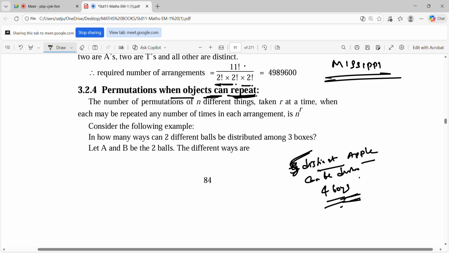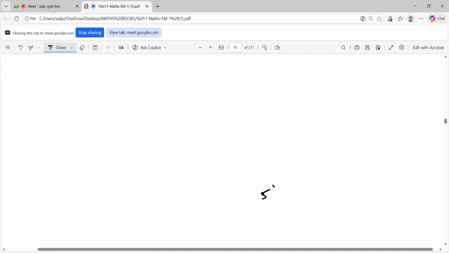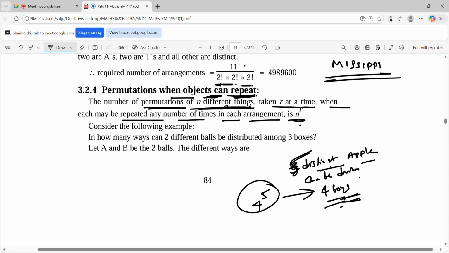Try to understand. This is the concept. The number of permutations of n different things, the distinct, taken r at a time, when each may be repeated any number of times in each arrangement, is n power r. Here, this is nothing but 4 power 5 for this question.